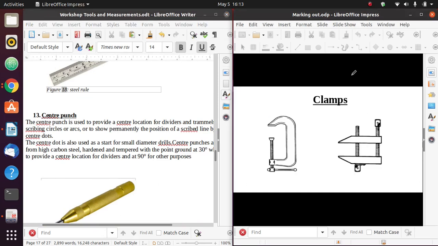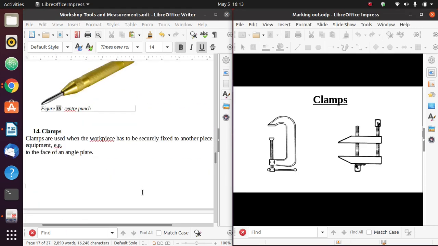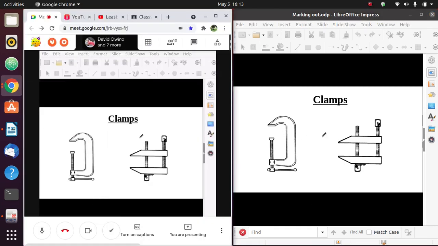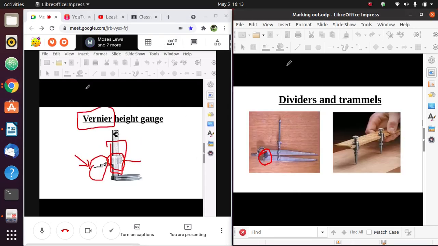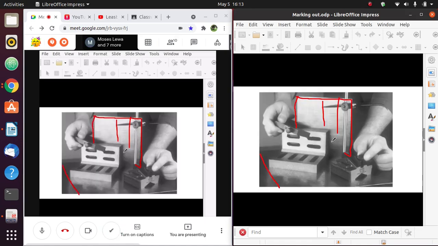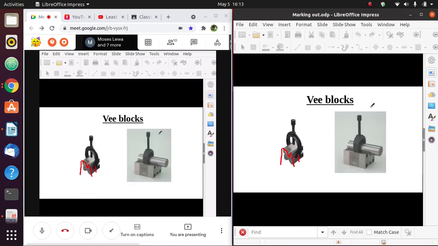Now we have a clamp. We saw this when we were looking at the video on making threads, external threads. Yeah. Now a clamp is usually used to secure your workpiece or your tool on the surface, on the working table. In this, for example, like this, this is a clamp. This is a U-clamp that is used in V-blocks.